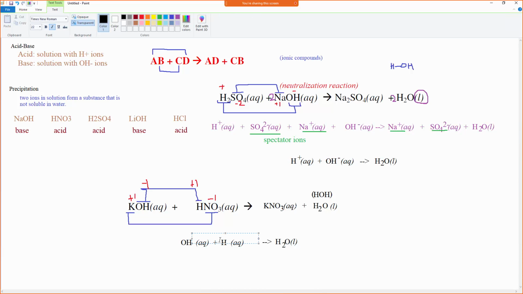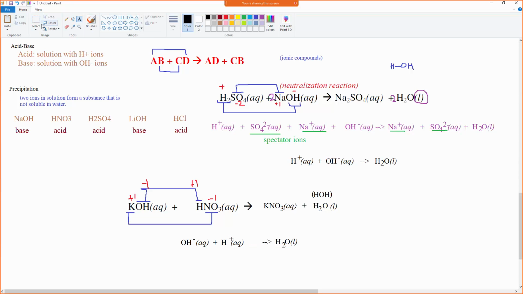So that's hydroxide, hydrogen ion. It doesn't matter whether I say OH- plus H+ or whether I say H+ plus OH-. And look, our net ionic equation here is the same as it was for this other one. I told you they'd always be the same. Does that make sense?